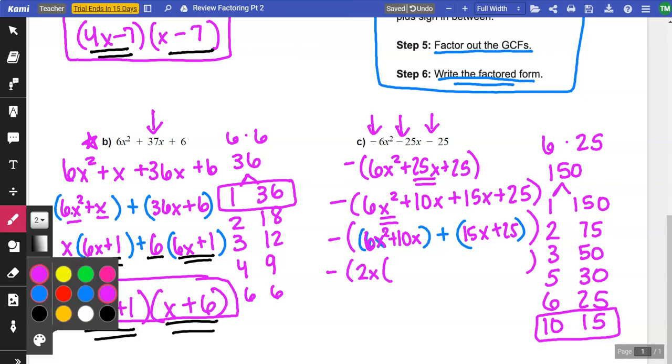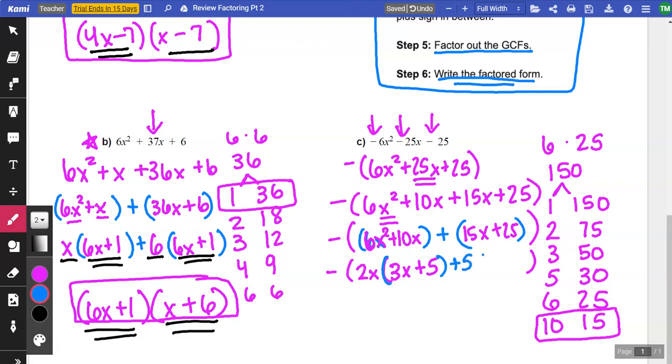Bring that out, and we're going to have 3x plus 5, plus, and then these two terms have a 5 in common, so we're going to bring that out. And we're going to end up with 3x plus 5. All right, so now these two sets of parentheses match.